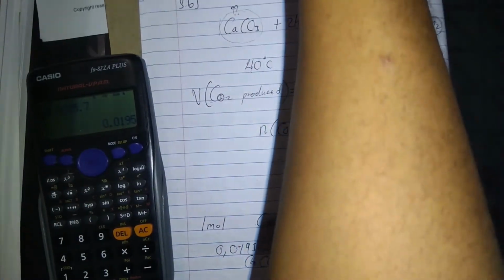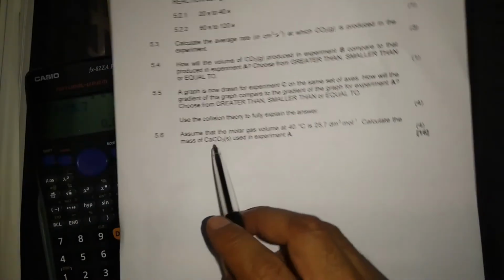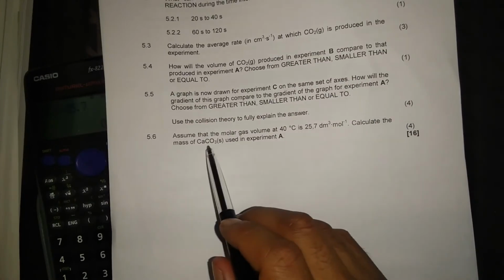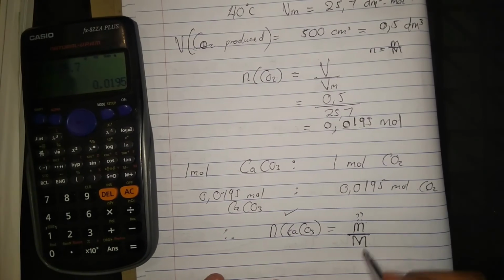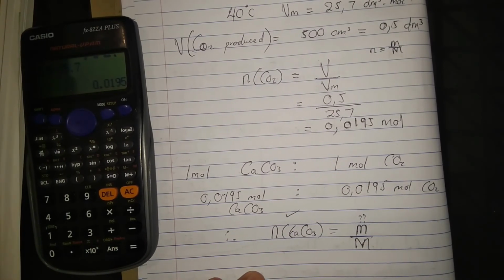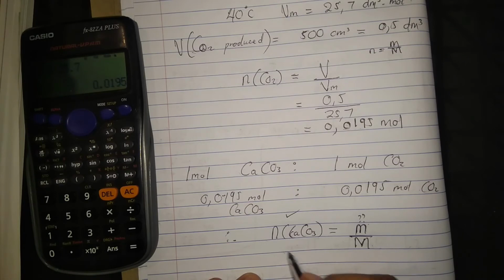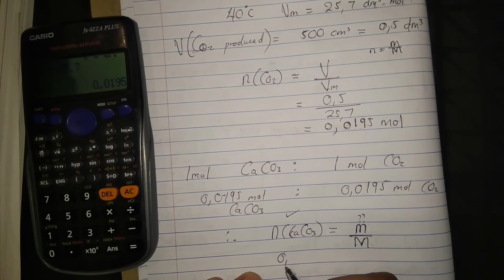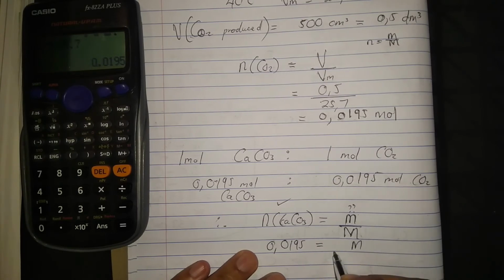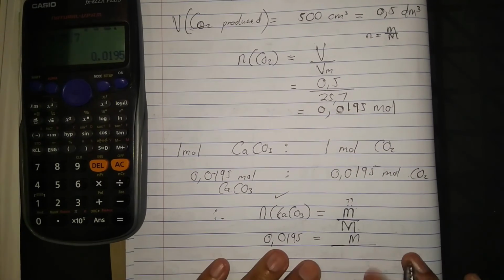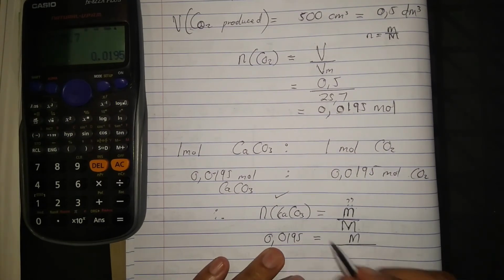We need to calculate the mass of calcium carbonate used in experiment A. I want the mass, so the molar mass too. So let me substitute: the number of moles for calcium carbonate is 0.0195, equal to mass over the molar mass of calcium carbonate.